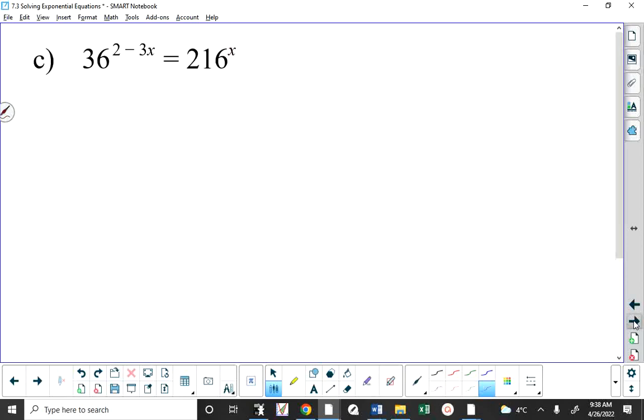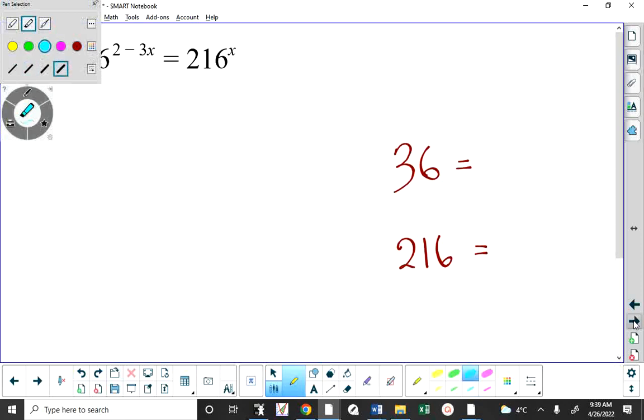Okay, 36 raised to the 2 minus 3x equals 216 raised to the x. So your job right now, and I'm going to give you a minute to do so, is to find out how you can write these two numbers so that they each have the same base.